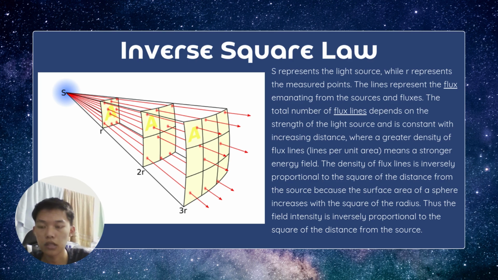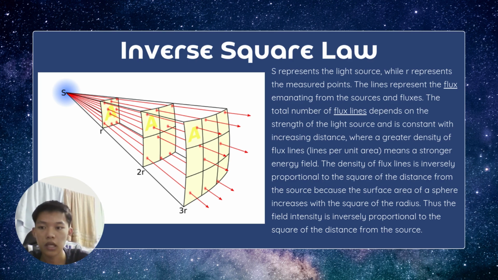Since light radiates in all directions, the total number of flux lines remains constant regardless of distance, but their intensity, which is lines per unit area, decreases. This happens because the surface area of a sphere surrounding the source increases with the square of the radius, 4 pi r squared. It means that the same energy is spread over a larger area.